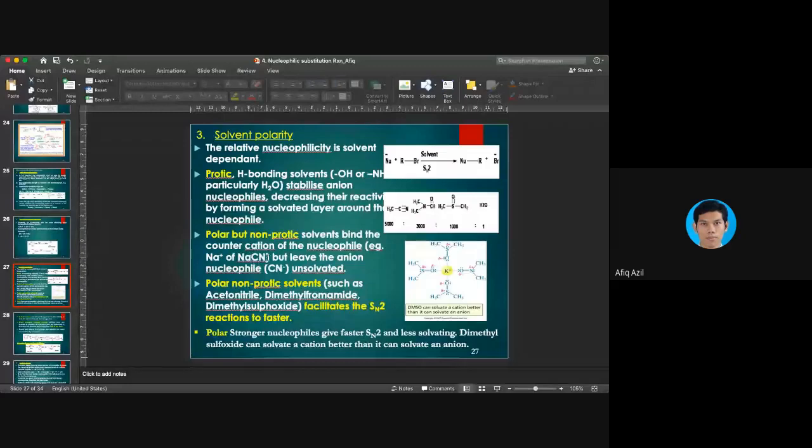The CN minus is the nucleophile, but you still have this sodium plus. This sodium plus is the counter ion. This polar aprotic solvent will bind the counter ion and leave the nucleophile free. It does not disturb the nucleophile. So the strength will be maintained. Hence, with polar aprotic solvent, the reaction will mostly go to SN2. It will help to facilitate SN2 reaction faster.